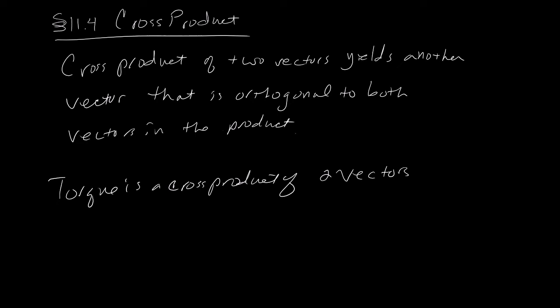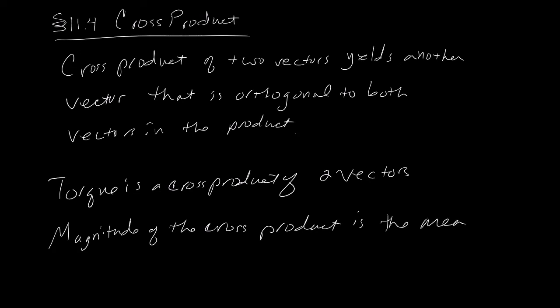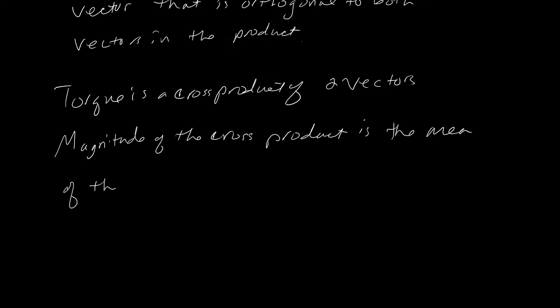Another application that's commonly used is that the magnitude of the cross product is the area of the parallelogram formed by two vectors.